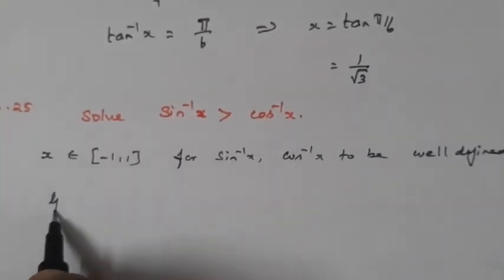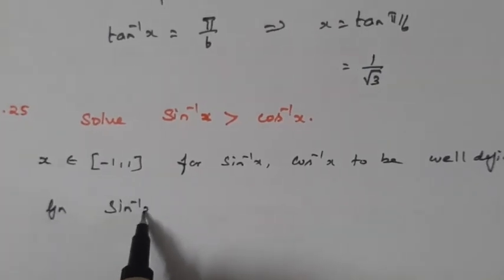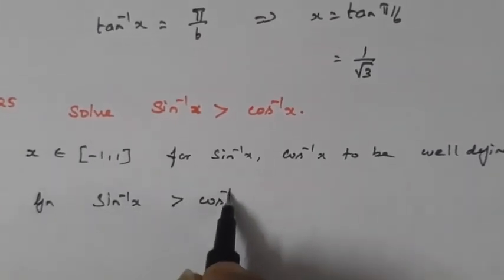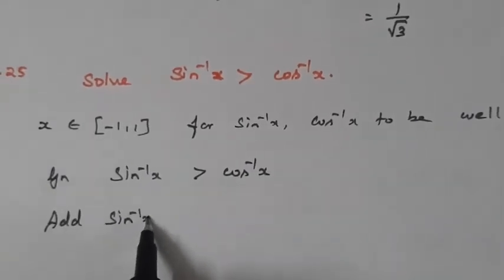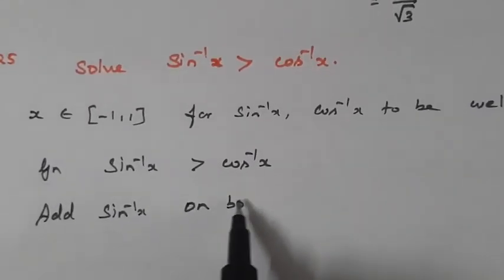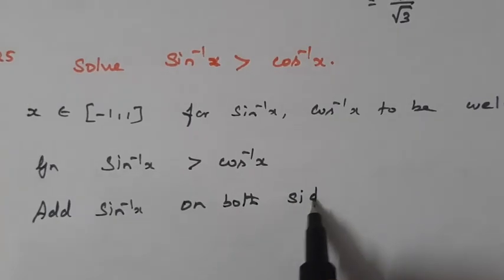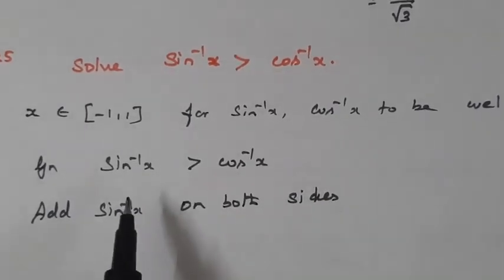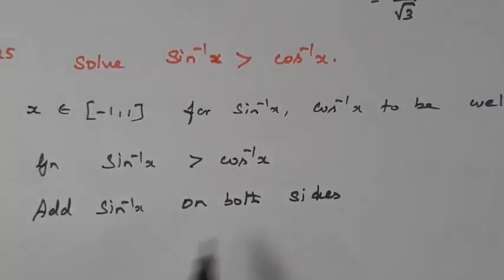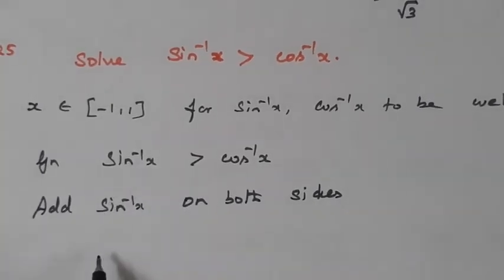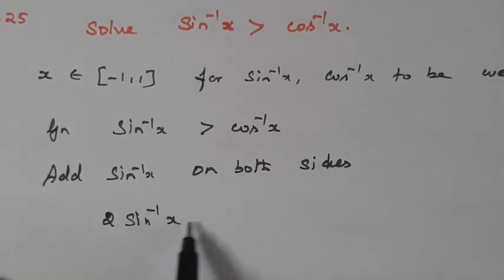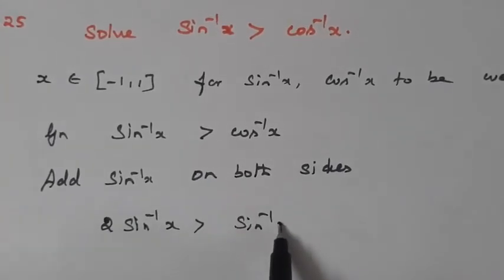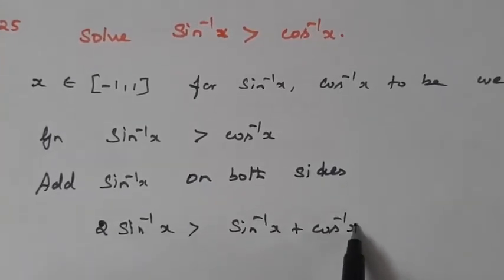Given that sin inverse of x is greater than cos inverse of x, in order to find the value of x we are going to do a small adjustment, that is, add sin inverse of x on both sides. This becomes 2 sin inverse of x is greater than sin inverse of x plus cos inverse of x.